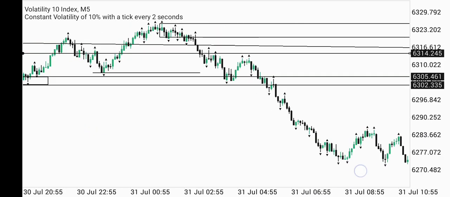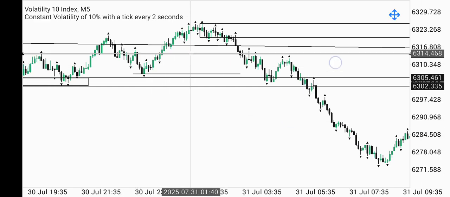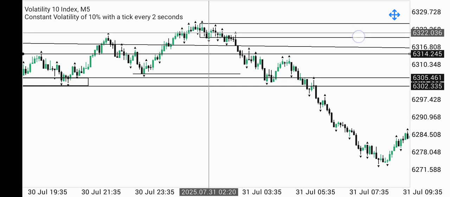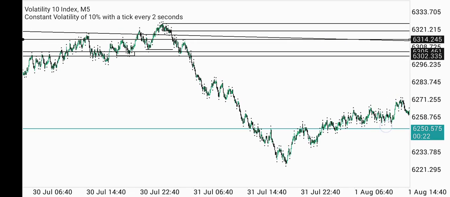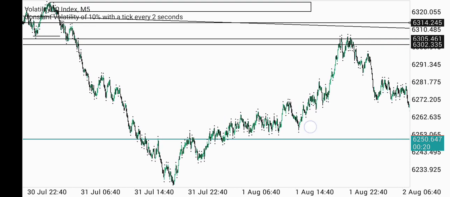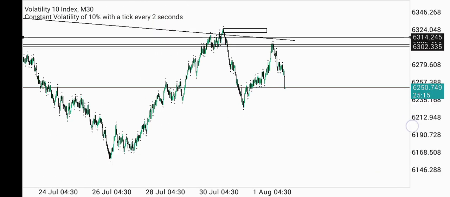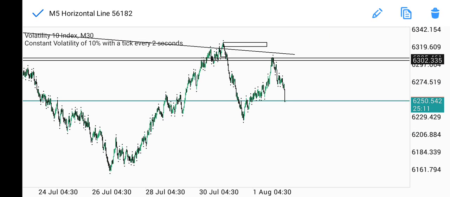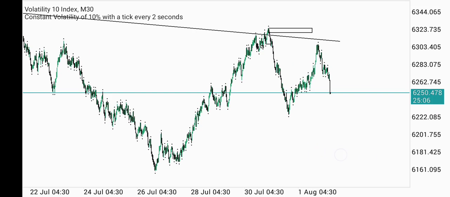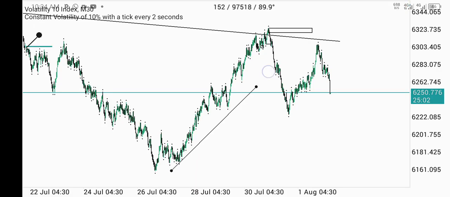Then once there's a change of character, we can highlight the last candle before the change of character, the highest candle, and that's what we highlighted there. So that's basically how I trade. Pure price action.